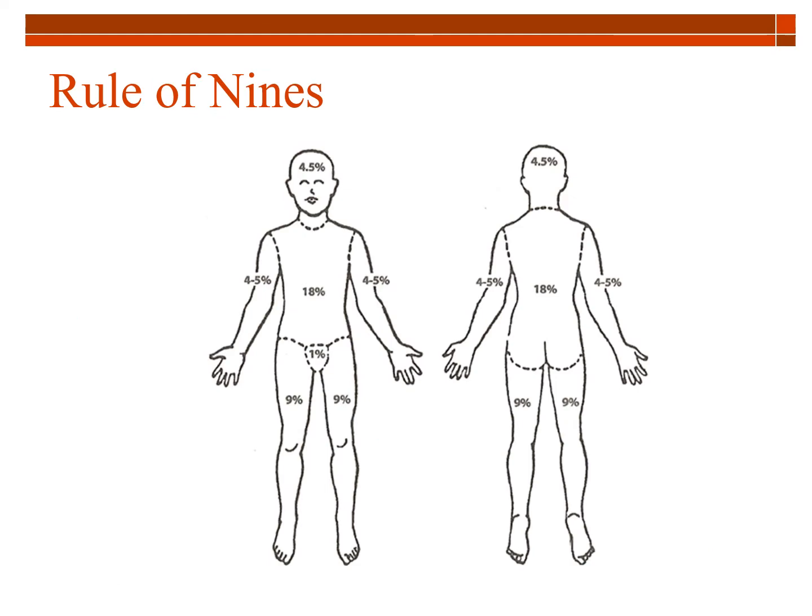The treatment of burns is related to the severity of the injury. The severity is determined by the depth of the burn, but also the extent of the burn calculated in percent of total body surface area. One common tool for determining the total body surface area affected, or the extent of the burn wound, is the rule of nines.